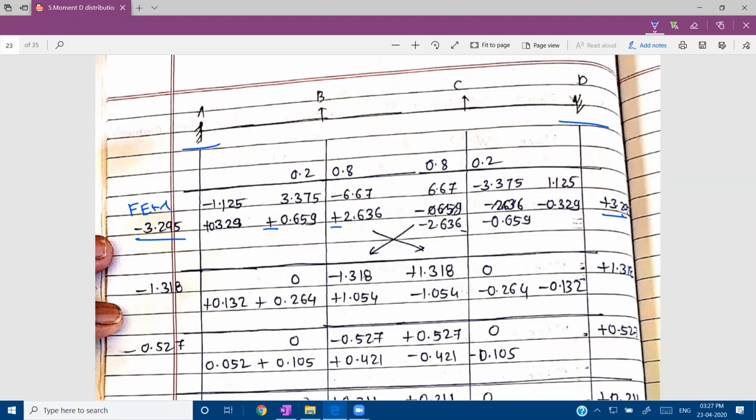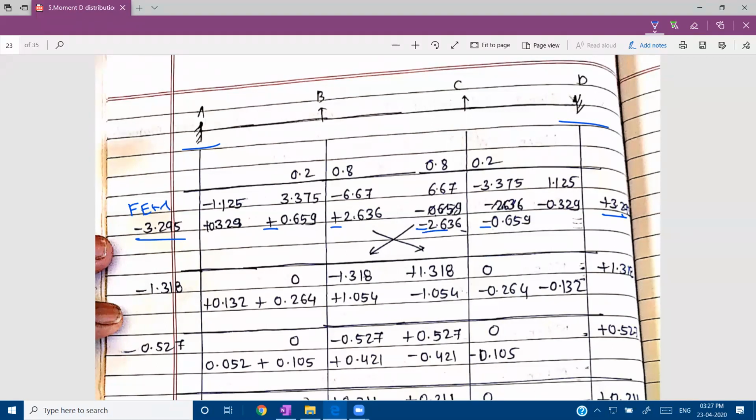And at joint C, as this unbalanced moment is positive, next correction is negative. Before applying this correction, we have to multiply this unbalanced moment with respect to distribution factor. So this 0.659 is nothing but 3.295 into 0.2, and this 2.636 is nothing but 3.295 into 0.8.